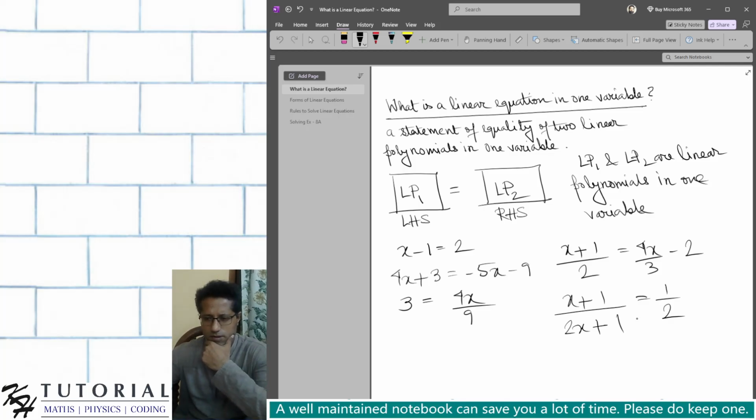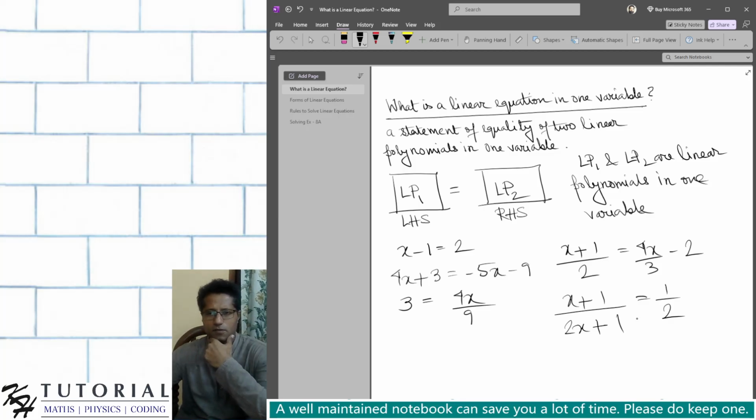We will study very shortly what are the rules to solve a linear equation. So applying one of those rules, this equation, that is x plus 1 by 2x plus 1 is equal to half, can be reduced to a linear equation.